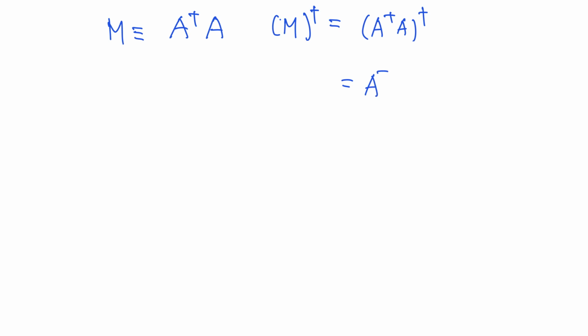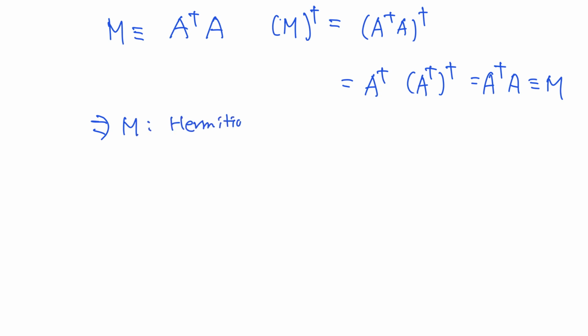So A dagger A adjoint is A dagger A, which is M. So if you put it this way, M is Hermitian. Then for a Hermitian matrix, you can find the eigenvalues, right?